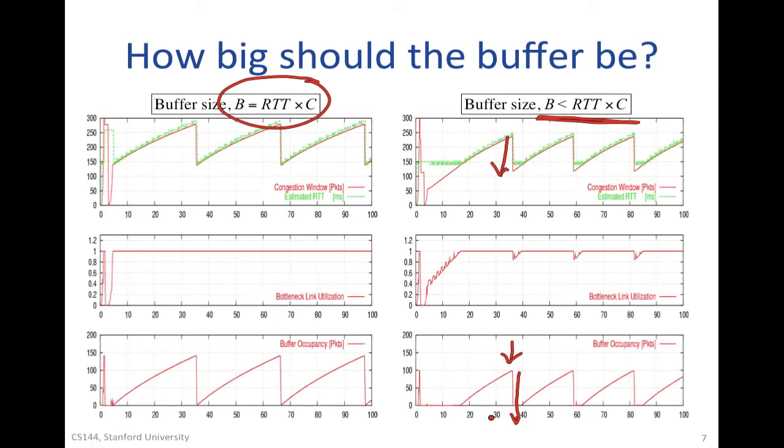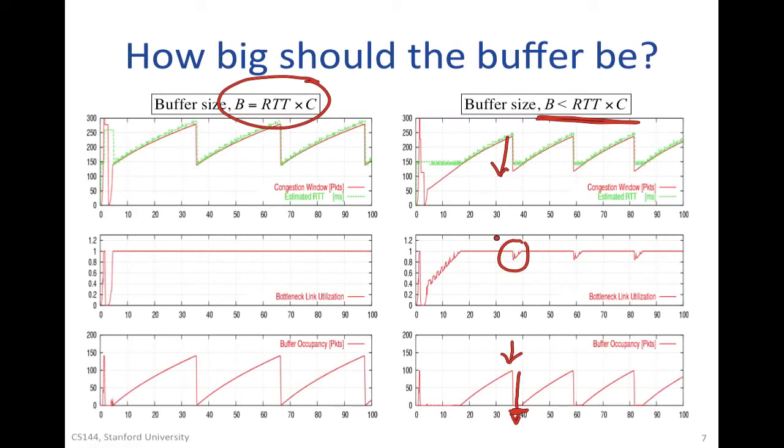Therefore, the source will stop sending packets. The buffer will drain, but it's draining and empty for some period. So if the router buffer is empty, it means the egress link, our bottleneck link, our precious resource, is actually not being used. And so the utilization will drop from 100% during that time.